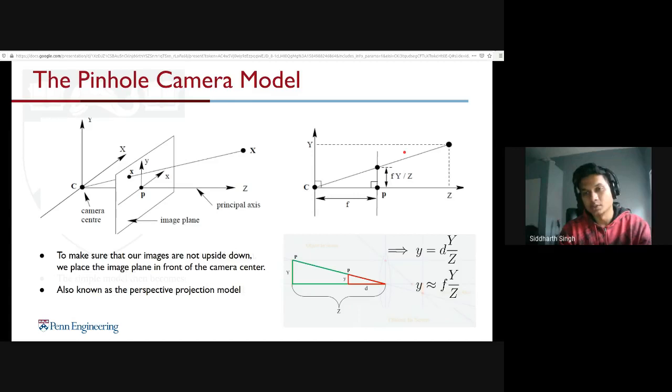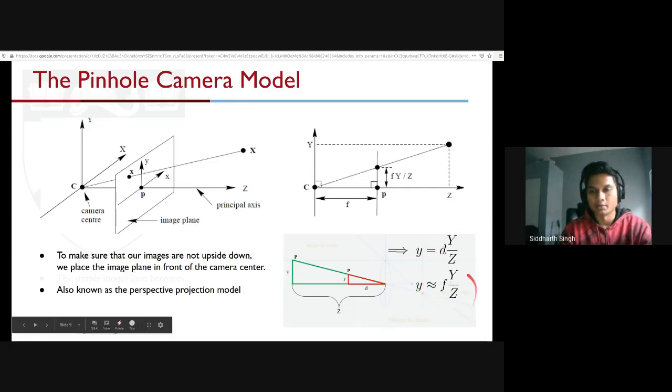The properties of the image that we see depend upon certain characteristics of the pinhole, or so to say, the lens itself. In the case of the lens, it's the focal length, right? So if I'm seeing an object which is, say, z distance away, and it is of height, say, y, then the height of the image itself will be f·y/z, and the image is formed at the focal length, that is the image plane, right?